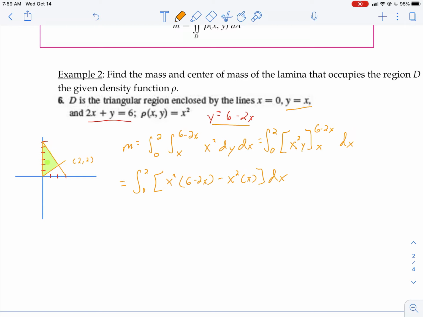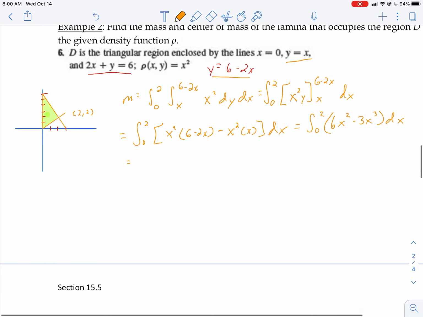It looks like I'm going to get 6x squared minus 2x cubed minus x cubed, so it should be 6x squared minus 3x cubed, from 0 to 2.